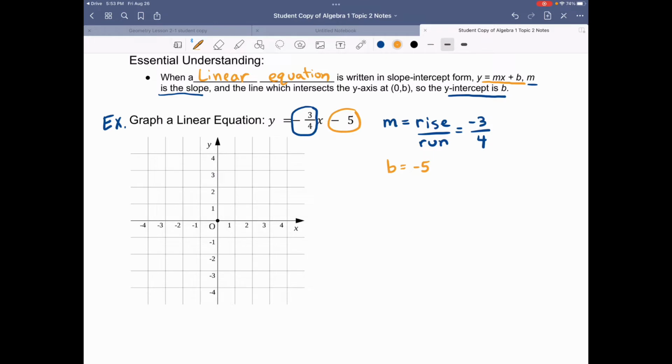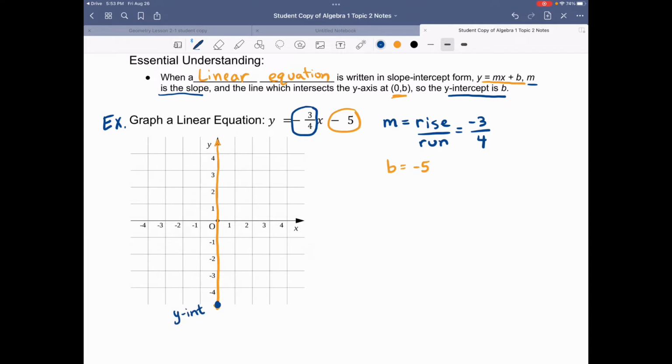So if you look back up at our essential understanding, that's the 0, b. That means that the y-intercept is going to go on the y-axis at -5. So this is our y-intercept.